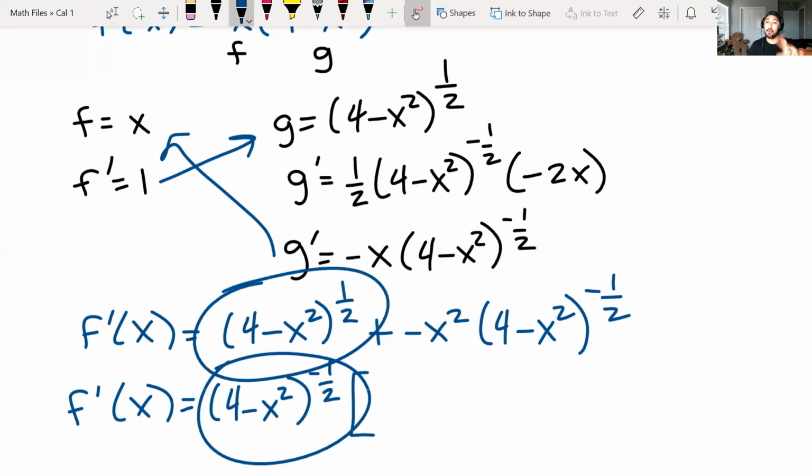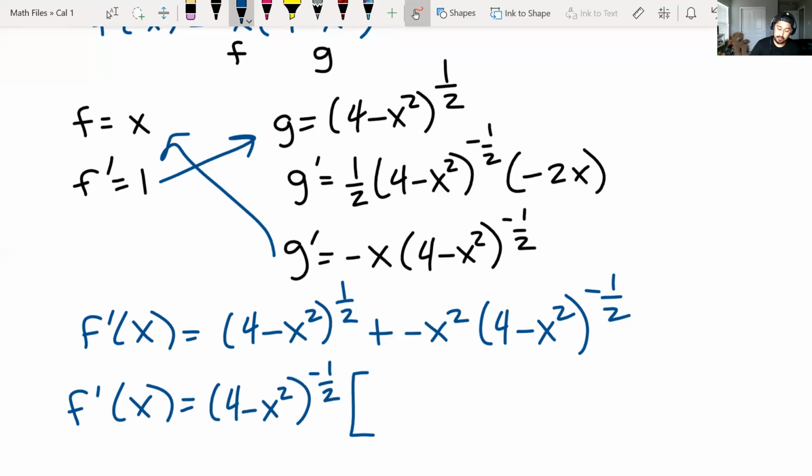Remember on that very first example, the negative would flip up and the exponents would essentially just cancel. So that would leave me with 4 minus x squared minus x squared.